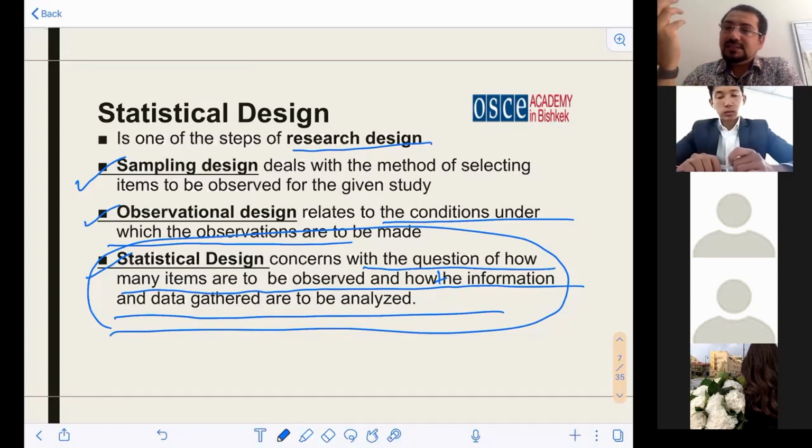As I was telling you, today we use a lot of different techniques, a lot of different software. We have Minitab, we have R, we have SPSS, we have Python. This statistical design relates to which technique to use and how many items you are going to analyze.